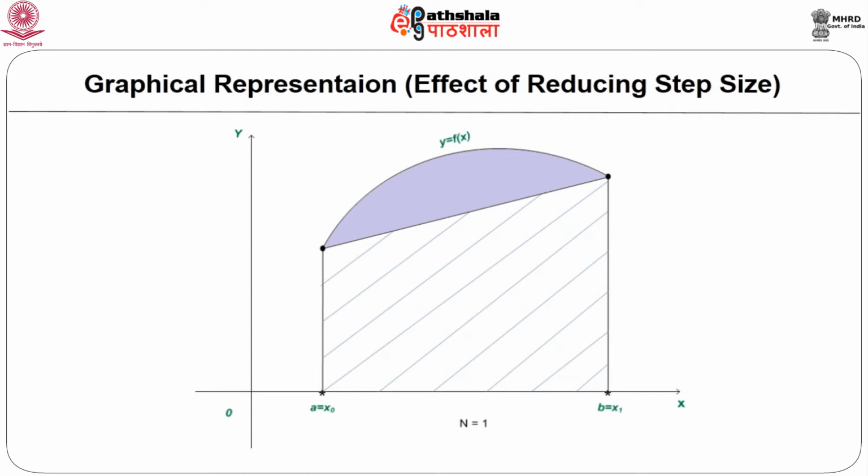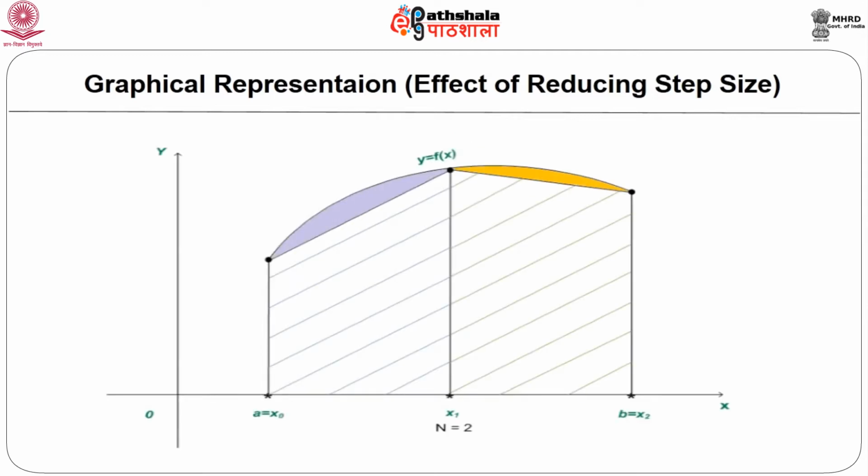In the first figure, the sub interval is only 1, so the trapezoidal rule is applied with n equal to 1, and you can see the shaded figure and how much the error is. In the next figure, n is equal to 2, the interval is divided into 2 sub intervals, and our abscissa are x0, x1 and x2. You can see the strips are becoming smaller, and the shaded area shows that the error in the integration for the area under the curve has become smaller.